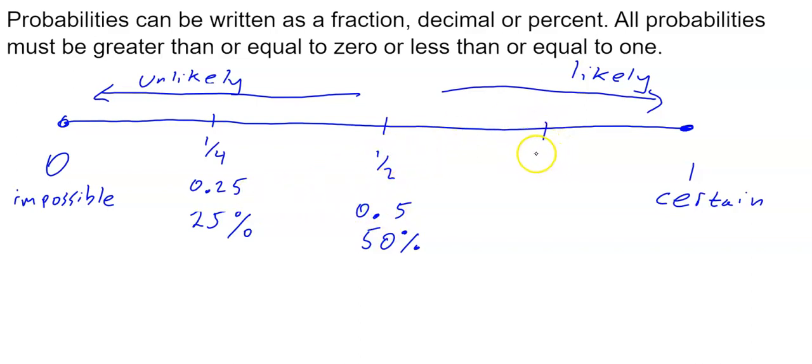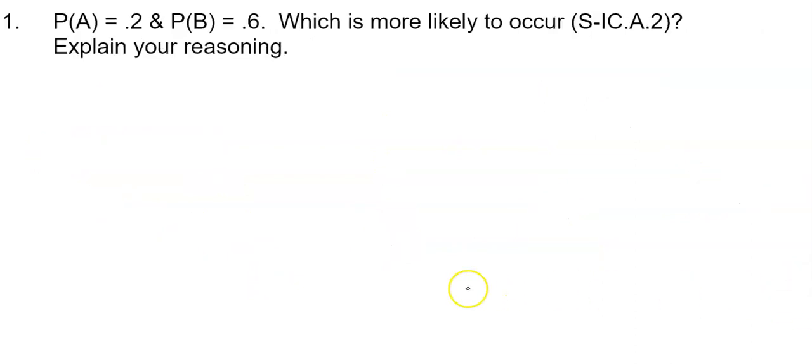If we come over here and let's say I do 3/4, that would be 0.75 or 75%. 75% is more likely to happen than 50% because it's closer to 1. If we are closer to 1, you are more likely to happen, with 1 being a certainty and 0 being an impossibility. So let's look at some examples.